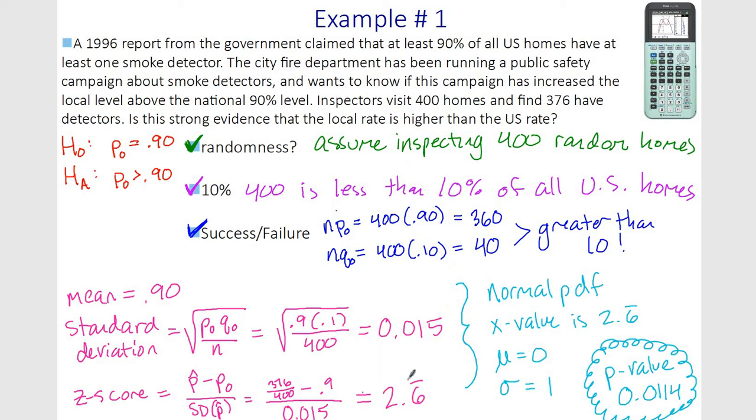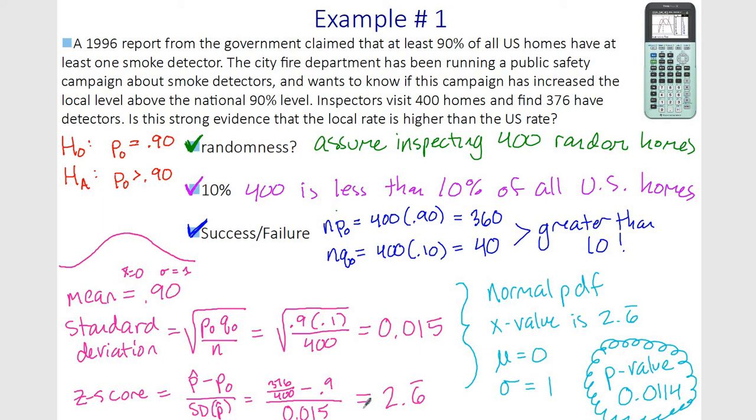Think about what your z-score is. In case you forgot, if you graph it, we're doing a normal curve. The mean here would be 0, and the standard deviation would be 1. I should have used that value.